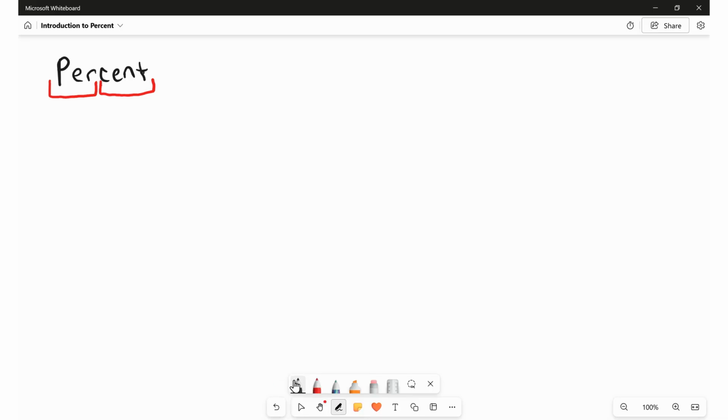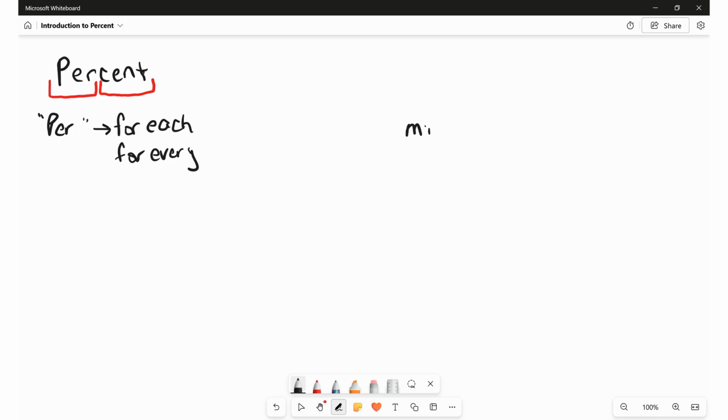So when we talk about the term per, the definition of this is for each or for every. Let's think about some other things that use per.